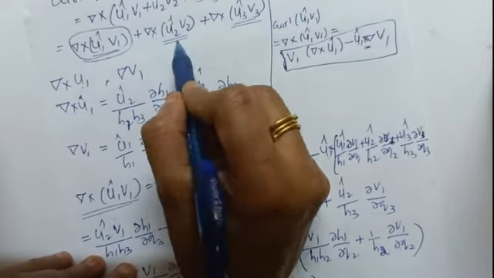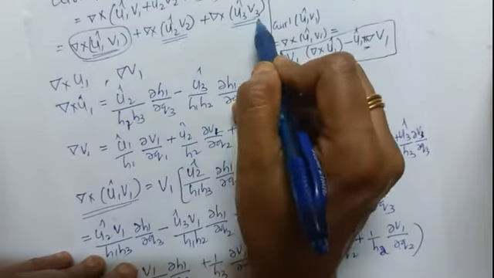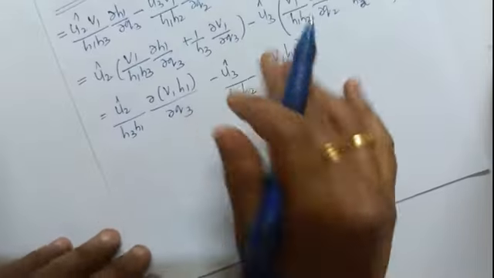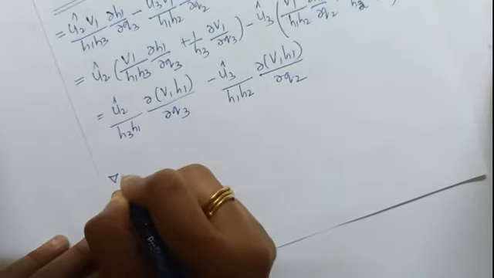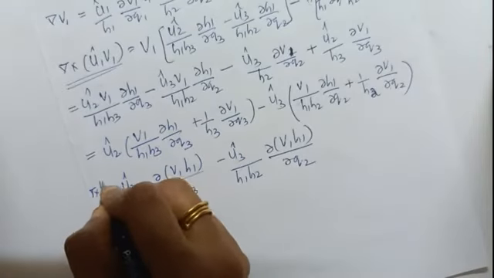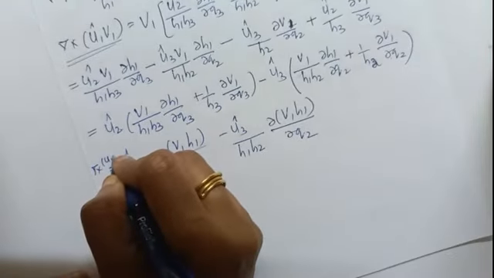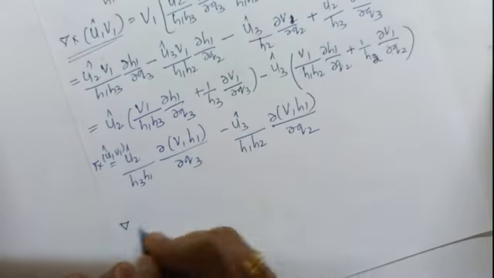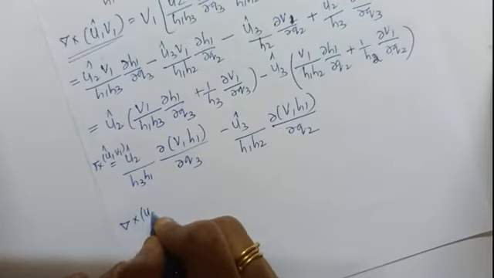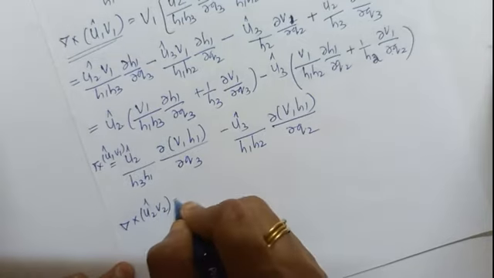Now similarly we can find del cross u2 v2 and del cross u3 v3, so cyclically we can write it. This is del cross u1 v1. Now we write del cross u2 v2.